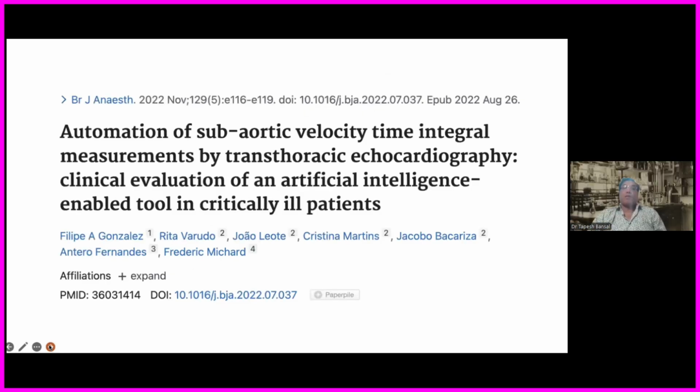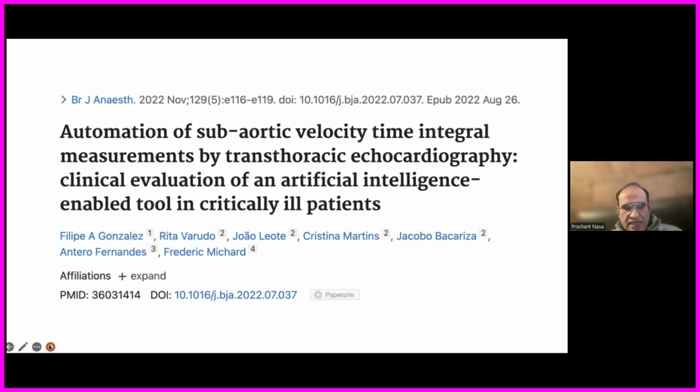Now, another usual hemodynamic tool which we use at the bedside is the velocity time integral, VTI, a very common tool to look at the cardiac output using an echo and to assess fluid responsiveness in these patients.